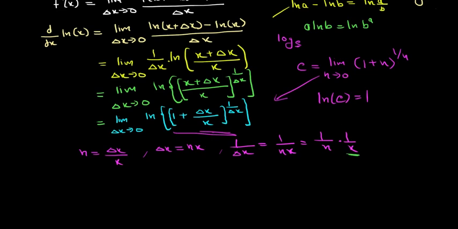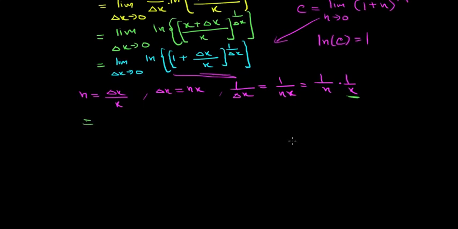Now also one thing, we have done some substitutions, so we will change the limit also. So if delta x approaches 0, then n also approaches 0. Okay, so n and delta x are proportional, so they will also approach in the same way.